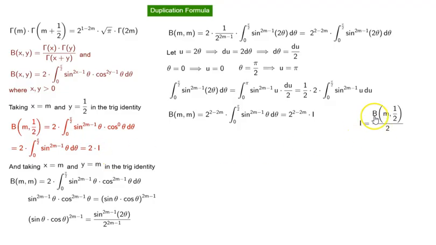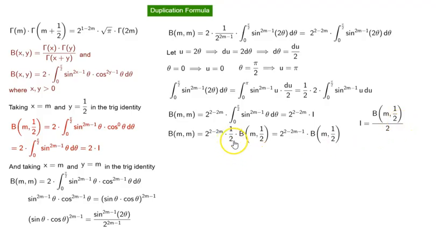That means I is equal to beta of m comma half by 2. This we substitute it here. So we get beta of m comma m is equal to 2 to the power of 2 minus 2m times 1 by 2 times beta of m comma half.